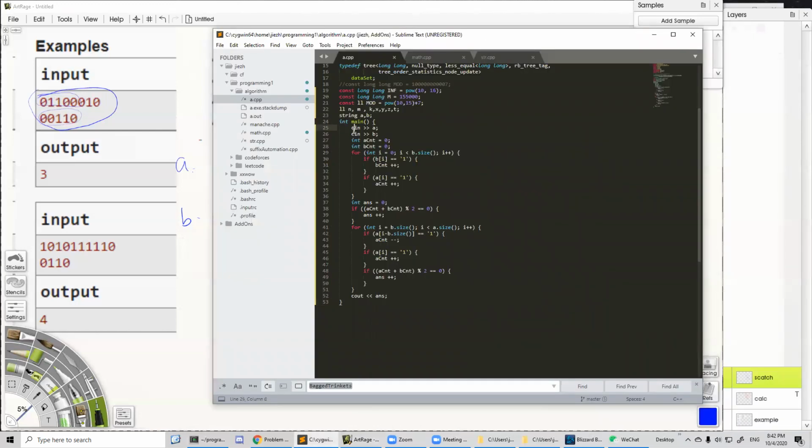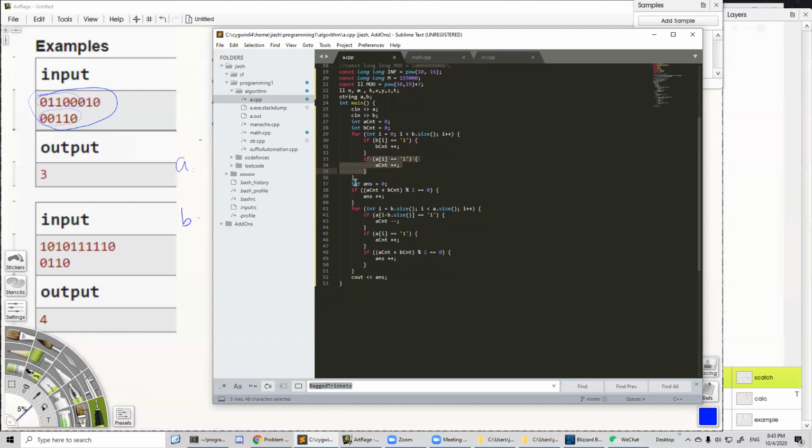So first, we are going to read these two streams, and we initialize the counters. This is the ones counter of A, right? And this counts the ones in B. And we iterate from 0 to the size of B. And if the digit is 1, then the counter increases by 1, obviously, and also for A, right?